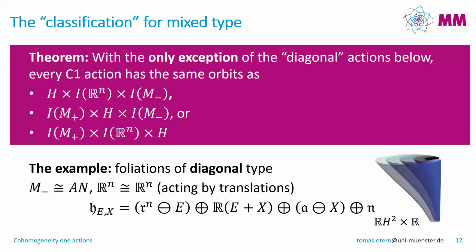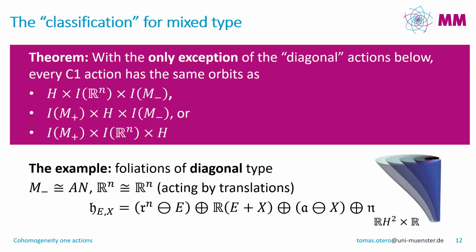You sum them together, and then you add the whole of N, and this diagonal thing here, which is just the span of E plus X. And the corresponding action has no singular orbits.